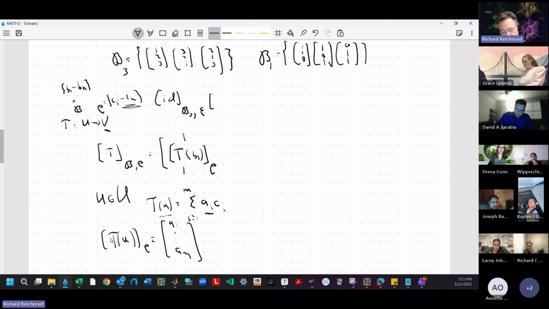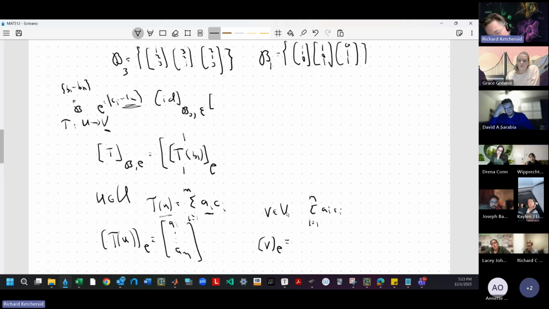So this map takes vectors in V; if I take some v in V, there's a unique set of a_i c_i. If I look at v with respect to C, this set a1 through am is the unique set of scalars that gives me v back.